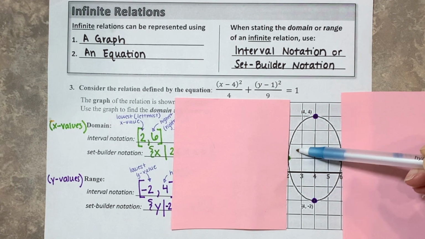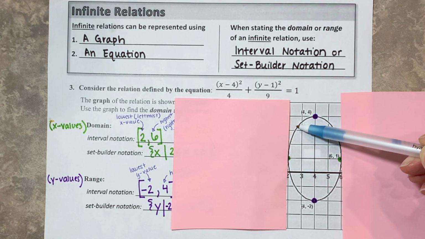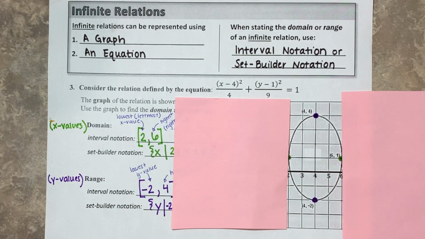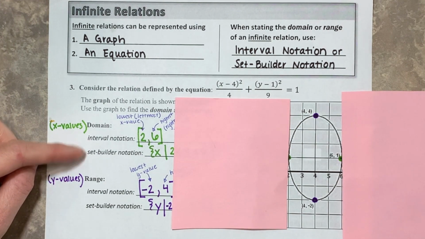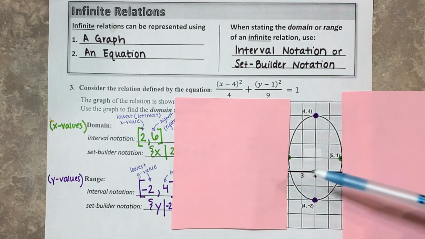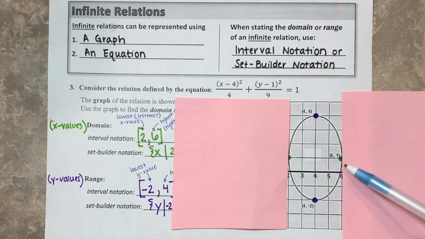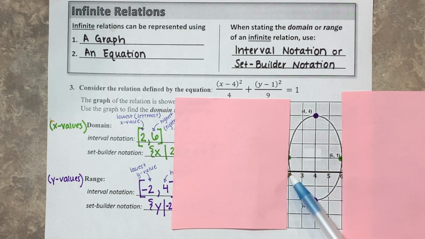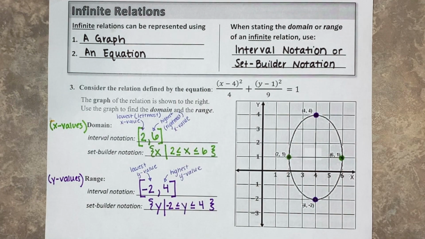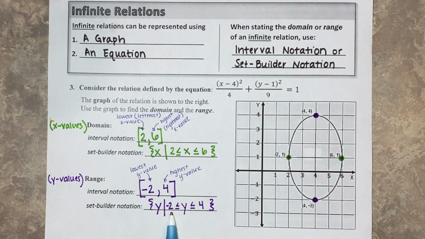Well, there will be a corresponding point on the graph with an x value of 2.5789. So hopefully you can see for the domain, notations like these mean that the x values on your graph include every real number between the endpoints 2 and 6. For the range, this notation means that the y values on your graph include every real number between -2 and 4. This notation means the exact same thing.